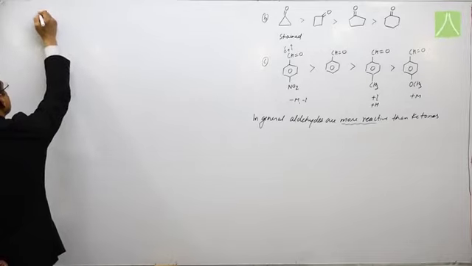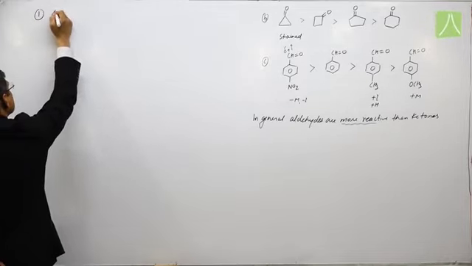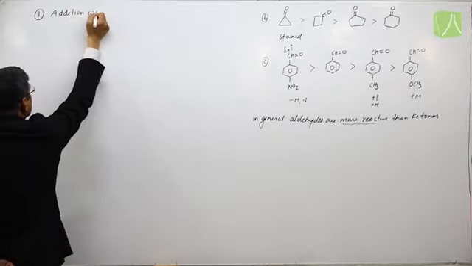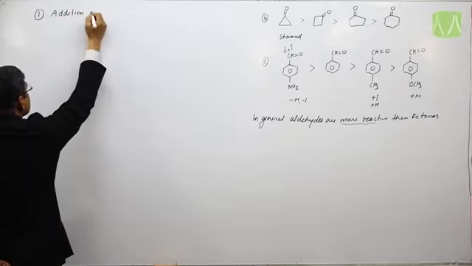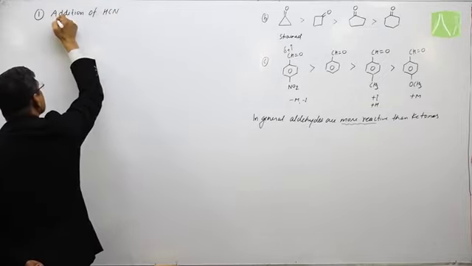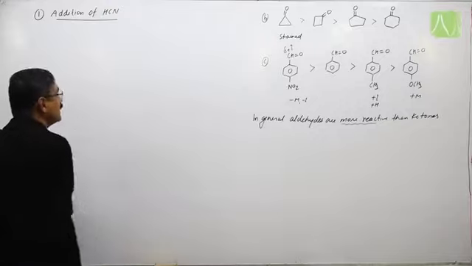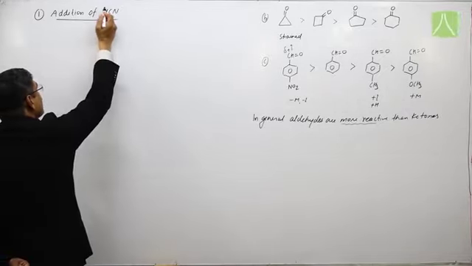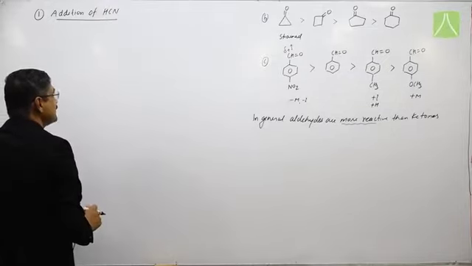Now first addition. Addition of HCN, hydrogen cyanide. So hydrogen cyanide is converted into H plus and CN minus. So CN minus is the nucleophile.